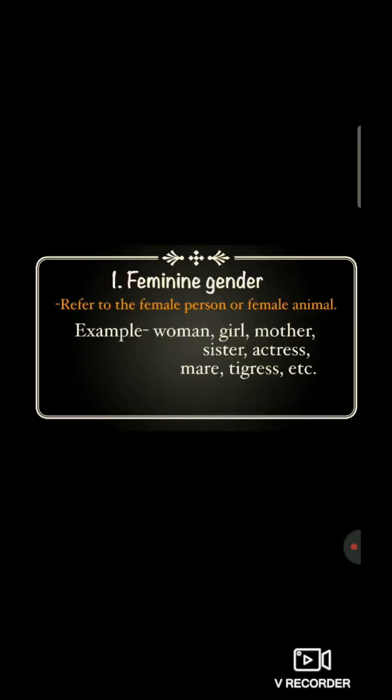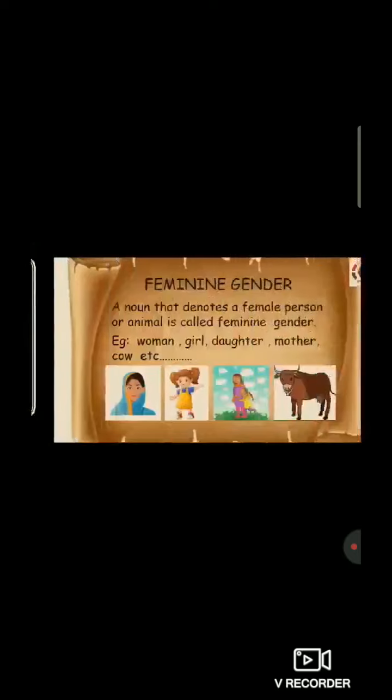For example, woman, girl, mother, sister, actress, mare, tigress, etc. These are feminine gender. We can call it female, right? It's a female gender. So we can call it feminine gender.